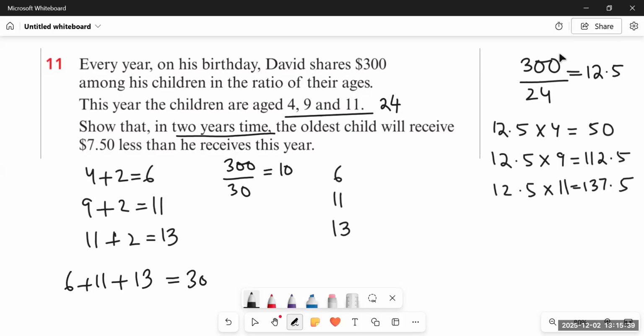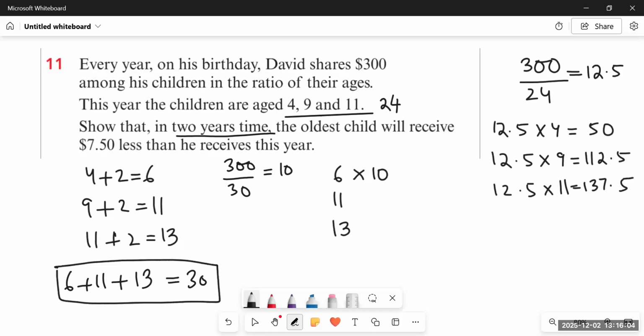So now we will multiply 6 with 10, because when we divide 300, the total amount that has to be shared, by the sum of ratios, that is 30. Why? Because when we add 6 with 11 with 13, we get 30. So we have to share $300 according to their sum of ratios, which is 30.